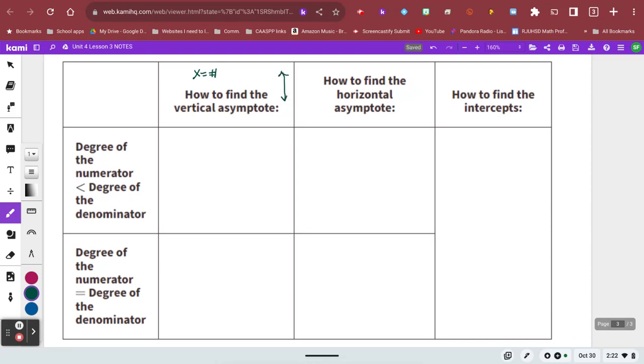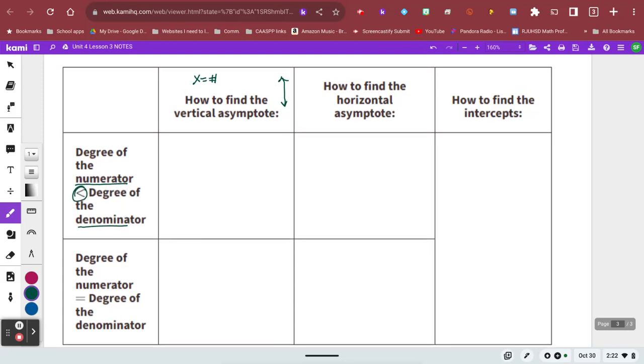For this one, if the degree of the numerator is larger than the denominator, you're going to find the roots of the denominator. Remember, denominator is the bottom of the fraction. And the same thing if the numerator is equal to the denominator, the vertical asymptote never changes.